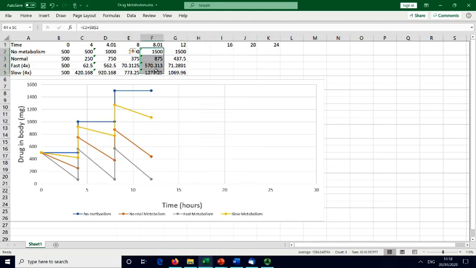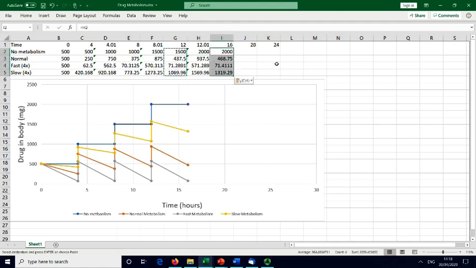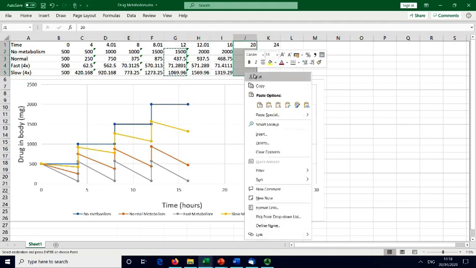Give them another dose of drug at 12 hours, and then see what happens when we go to 16 hours. And carry that through.